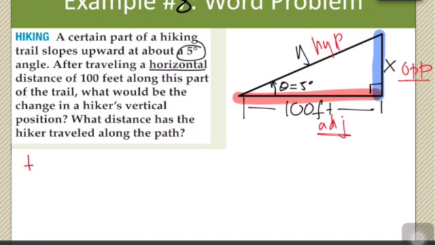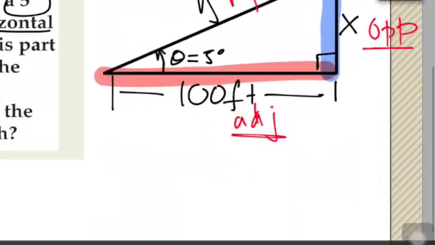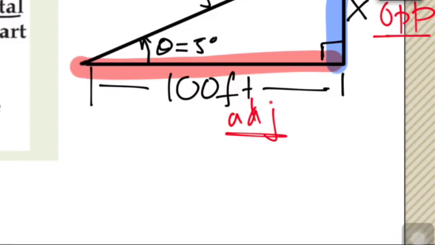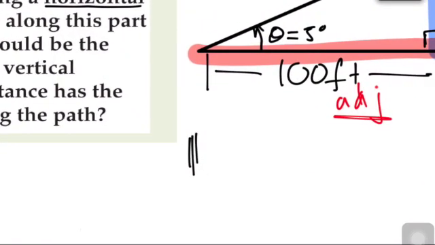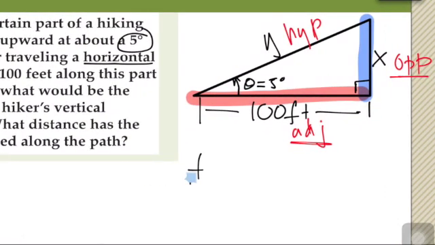Okay, so my tangent of my angle 5 degrees is equal to the opposite side divided by the adjacent side.